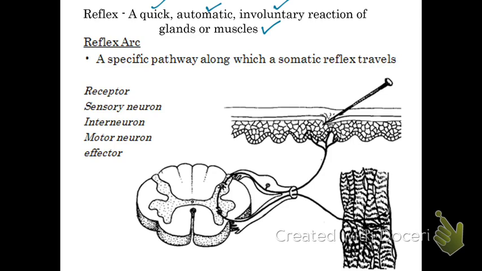So something, in this case, a pin, poked your skin. Now you've got nerve endings in your skin. They picked up on that pain sensation. Those signals traveled through that nerve, entered into your spinal cord. Notice as information comes into the spinal cord, it always goes in the posterior root or the dorsal root. And that neuron is now going to speak with some interneurons found in the spinal cord.